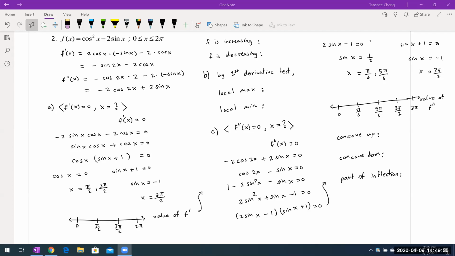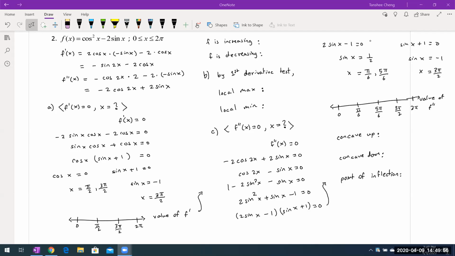This time, to make the solving part easier, I'm not going to use the simplified one. I'm going to use the one that I just took, which is -2 sine x cosine x minus 2 cosine x. We're going to use that part.